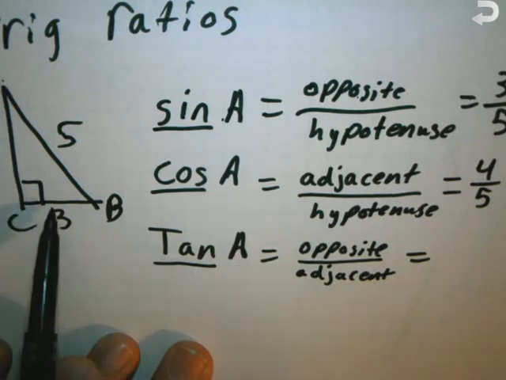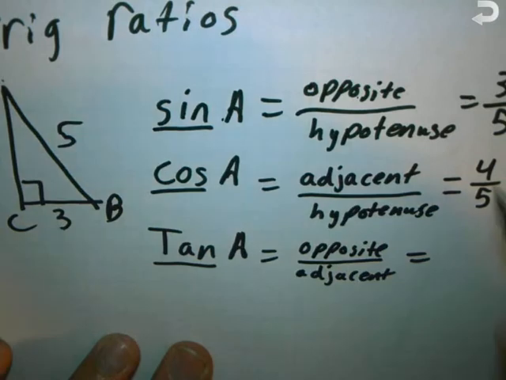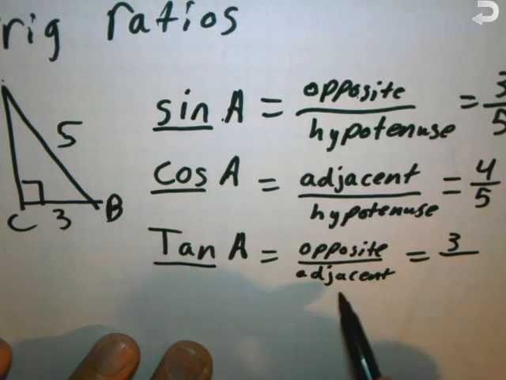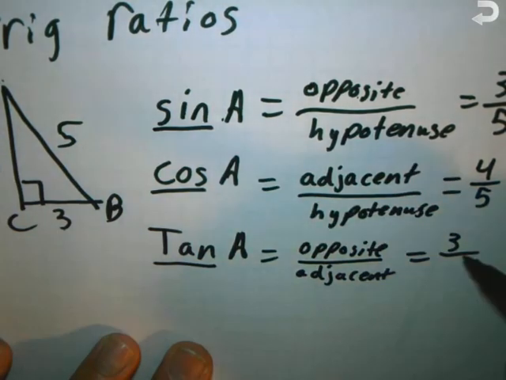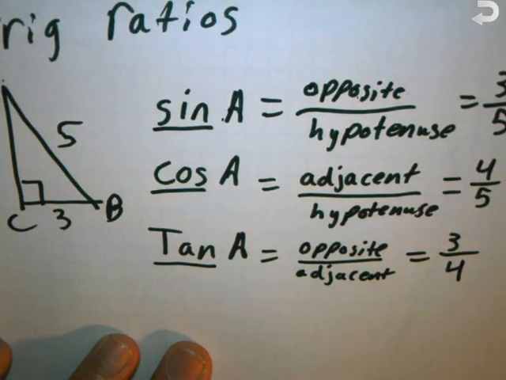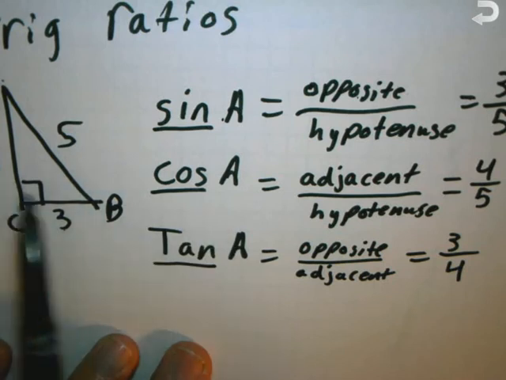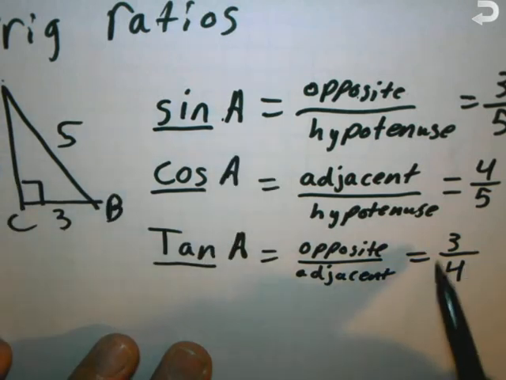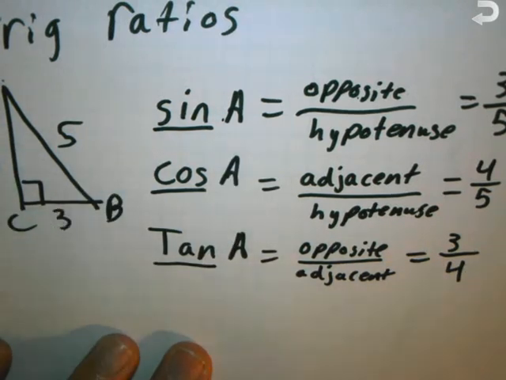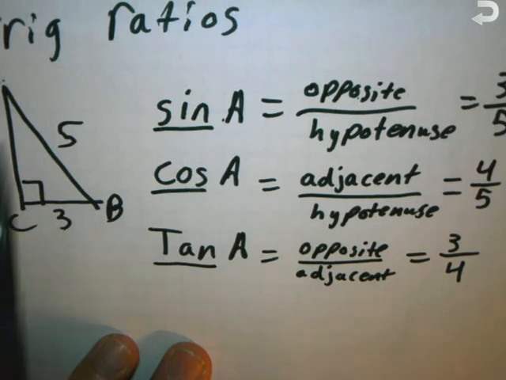Well, looking at angle A, the opposite of A is 3, and the adjacent to A is 4. That's all we're doing with trig ratios, is finding these ratios of the side lengths of a right triangle.